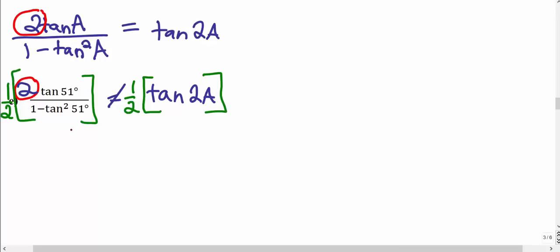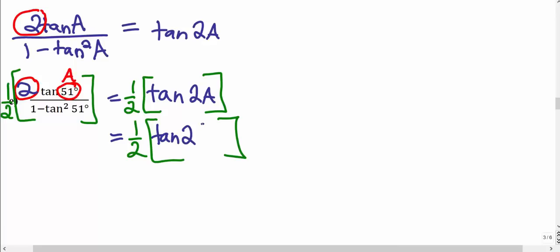Alright, so let's simplify. The angle A in our expression is 51 degrees. And now we can say these are equivalent. So we'll have 1/2 tangent of twice the angle, and the angle that we're using for A is 51 degrees. Now we're going to simplify inside of tangent.